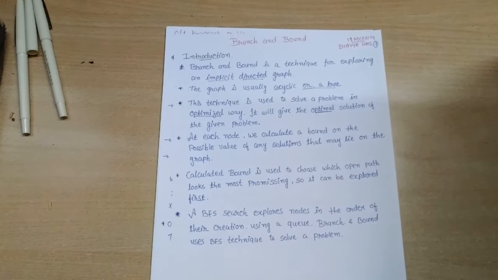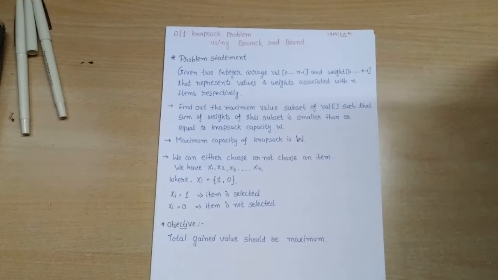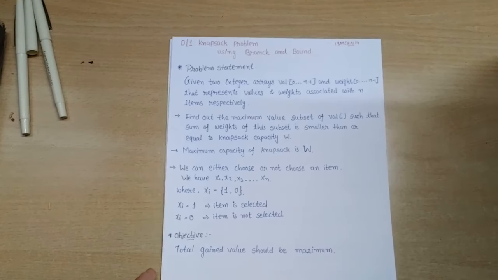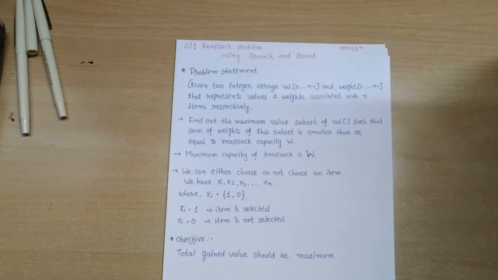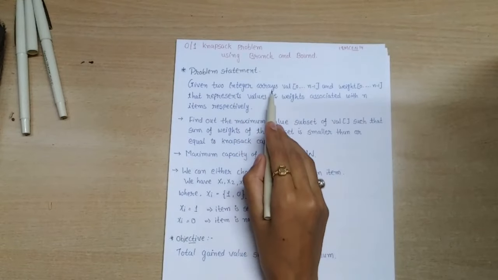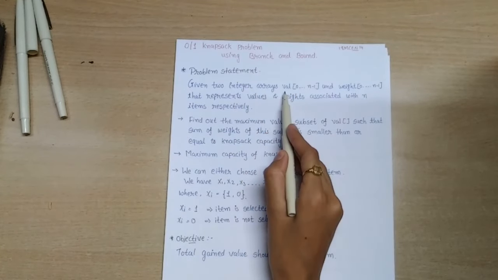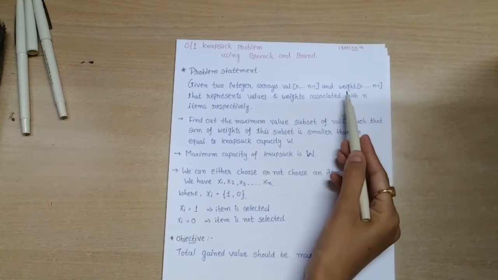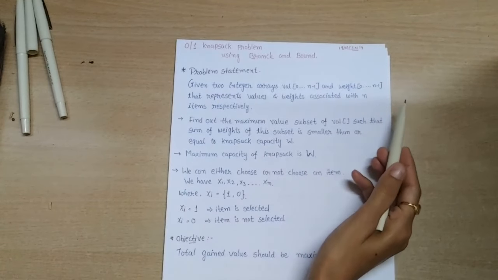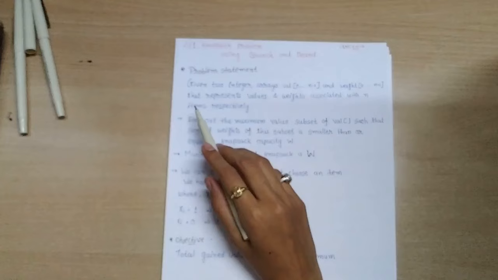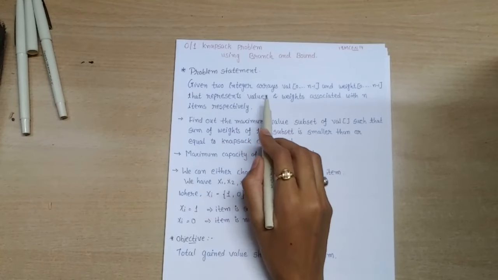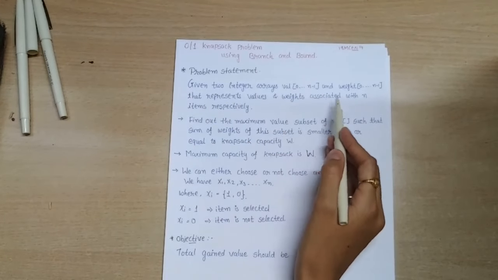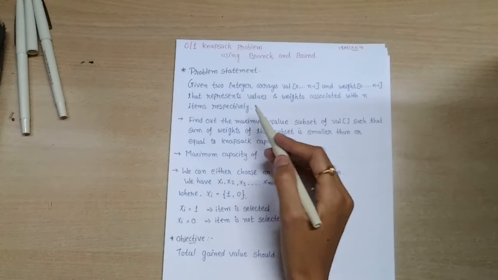Now, let's see what the knapsack problem is. The problem statement is given as: given two integer arrays, value, ranging 0 to n minus 1, and weight, ranging 0 to n minus 1, that represent values and weights associated with n items respectively.